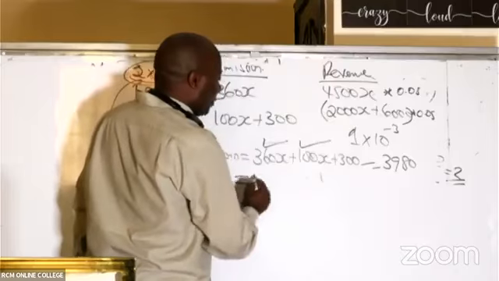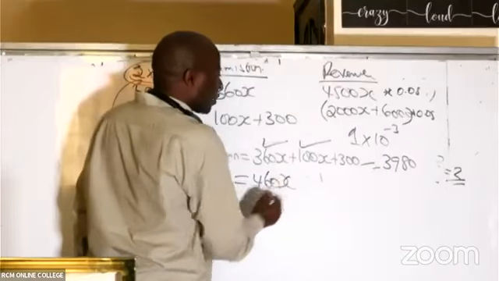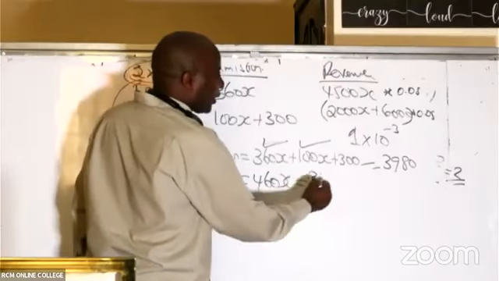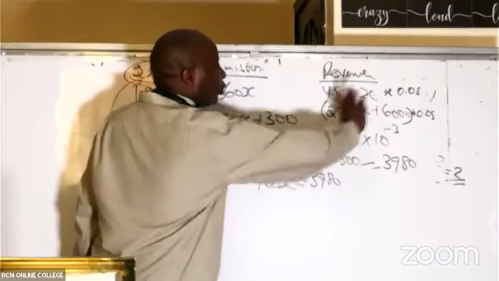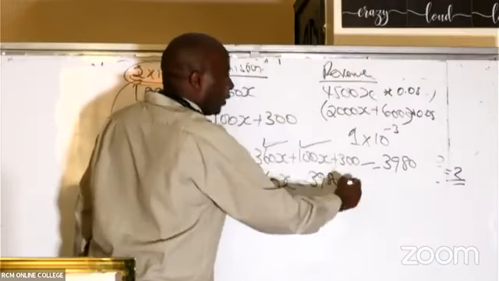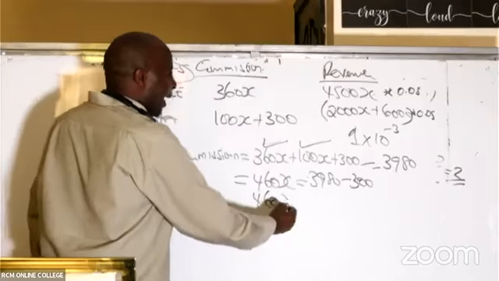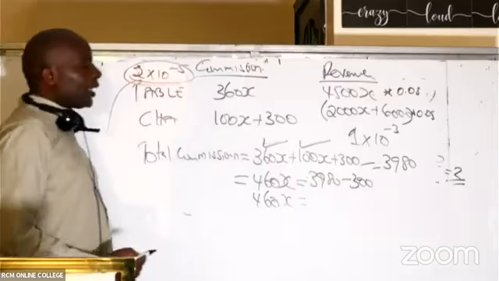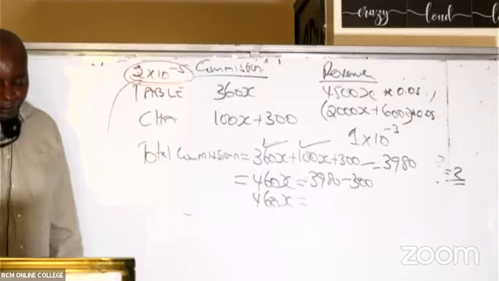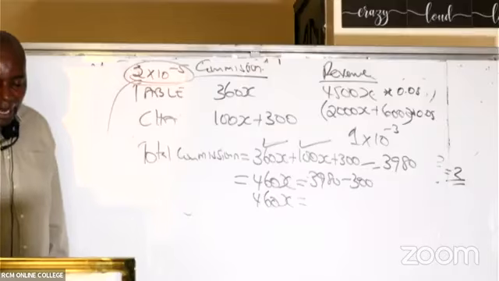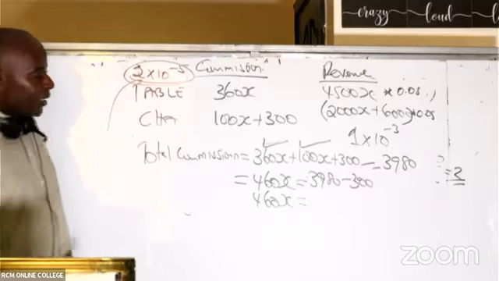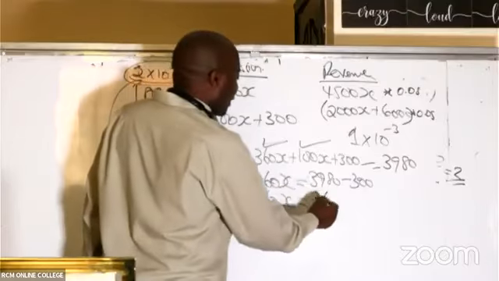So this gives me 460X equals 39.80. This has to cross over. On crossing over, the sign becomes negative. So it will be 460X equals, what is 39.80 minus 300, somebody? 36.80, right? Is that okay? 36.80.